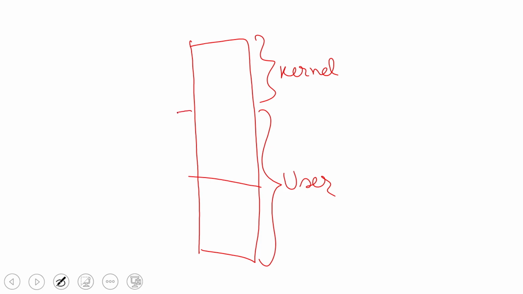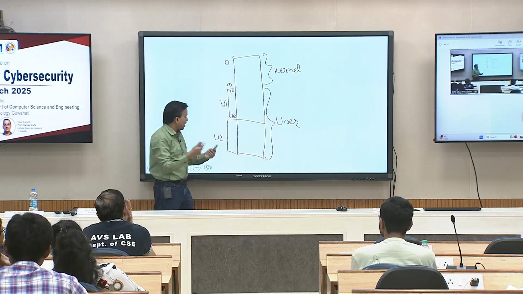So, this part is for user 1. These are exact addresses; I am not writing them. If you want me to write, this is 0 to 9, let us say this is 10 to 19, and so on and so forth, total space. Forget about user 2, let us not talk about user 2, because we are interested in user 1. This is you and this is me, let us not talk about me. So, user 1, you might be running multiple programs: your mail tool, your gaming application, your browser.